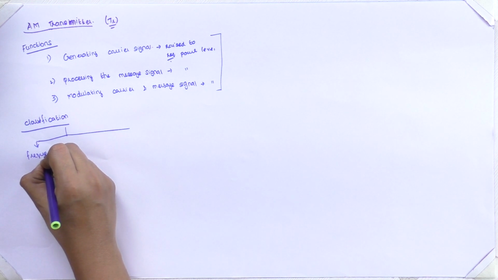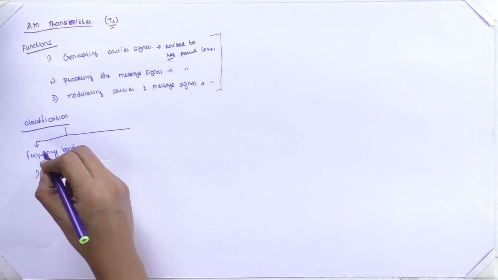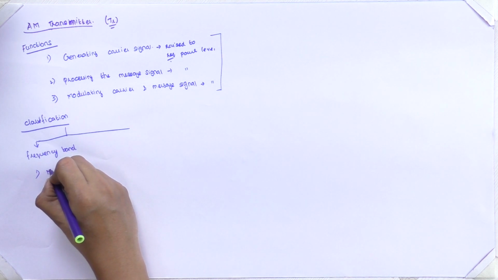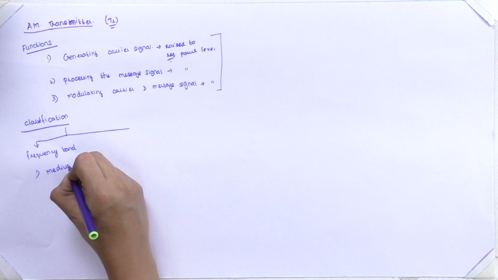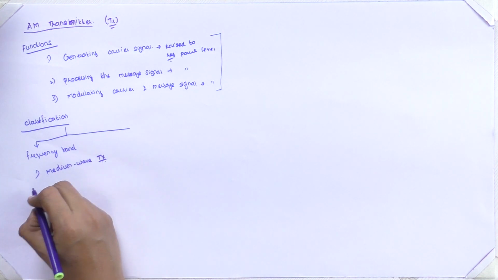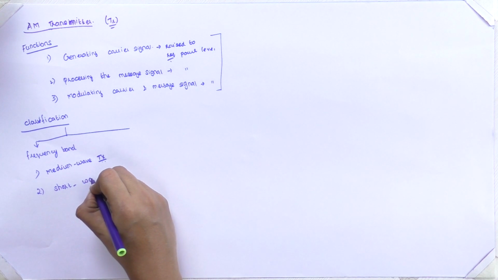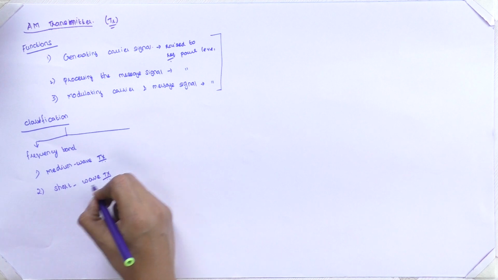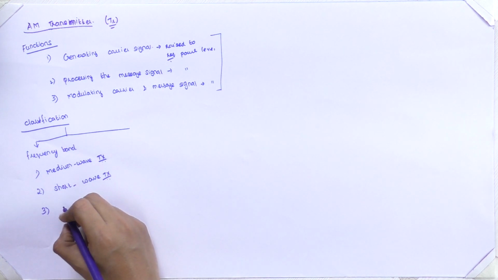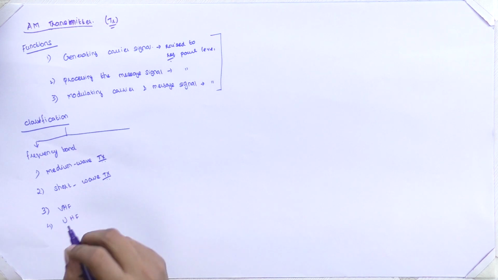Based on the frequency band, our AM transmitter can be classified as medium wave transmitter, second, short wave transmitter, and then very high frequency transmitter or ultra high frequency transmitter.